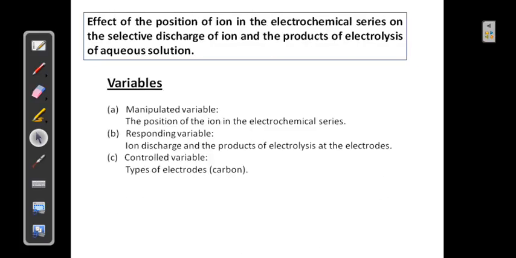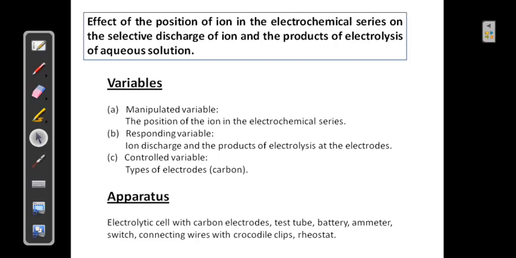And the variables: A, the manipulated variable, the position of the ions in the electrochemical series; B, the responding variable, the ion discharge and the product of electrolysis at the electrodes; and C, the control variable, that is the type of electrode we use. In this experiment we're going to use carbon.